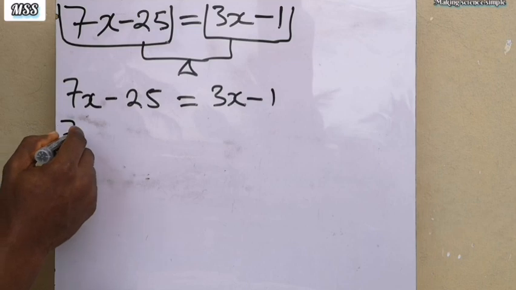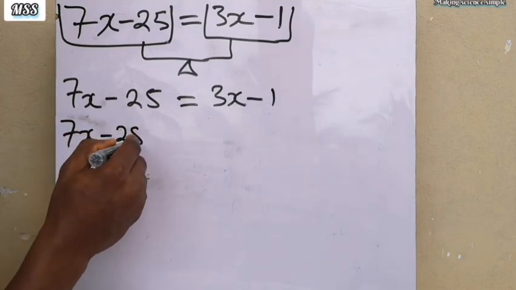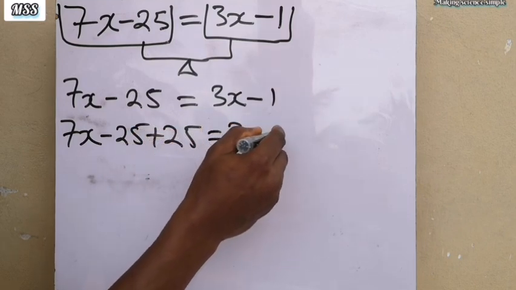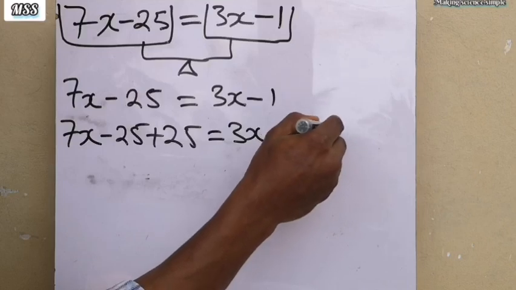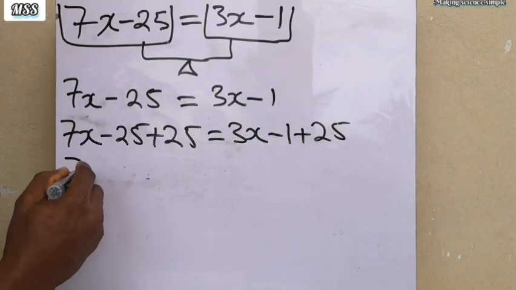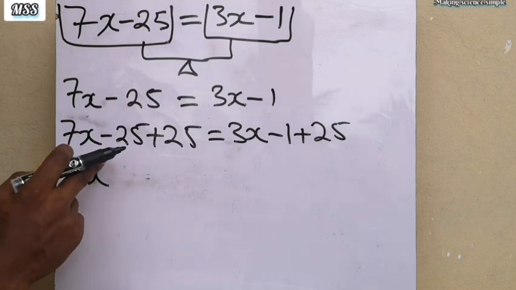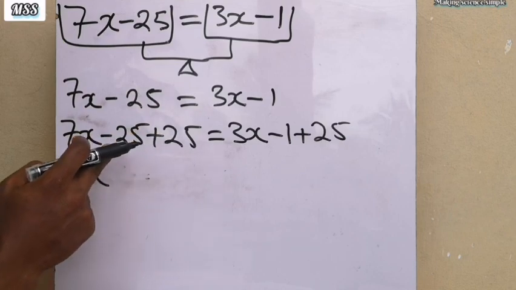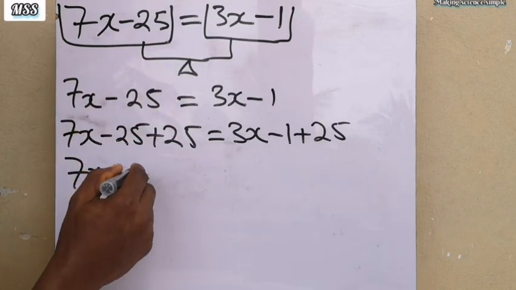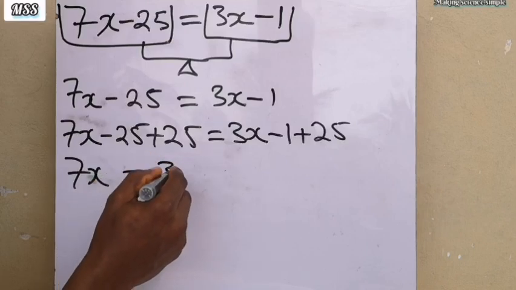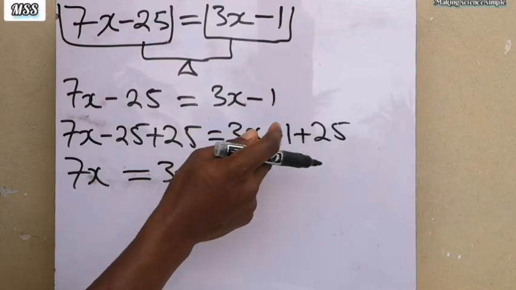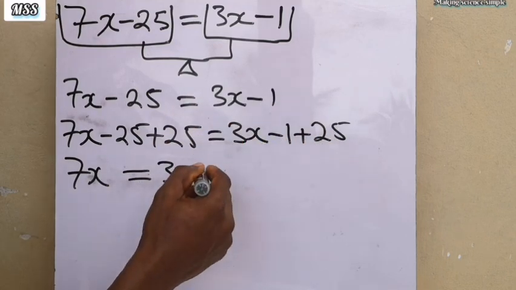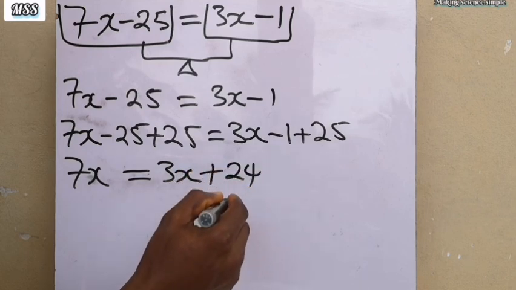So let's add: 7x minus 25 plus 25 is equal to 3x minus 1 plus 25. So we have 7x here. Now, minus 25 plus 25 is just like saying 25 minus 25, which will give us 0. So we now have equal to 3x. Now, minus 1 plus 25 is just like saying 25 minus 1, which will give us plus 24 here.